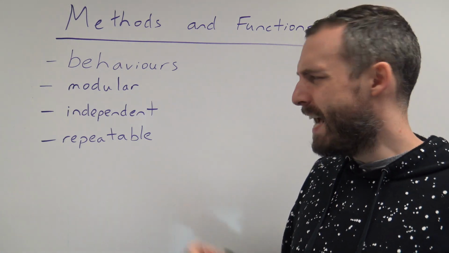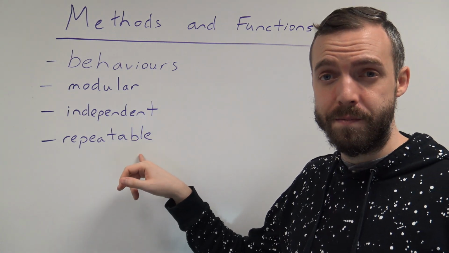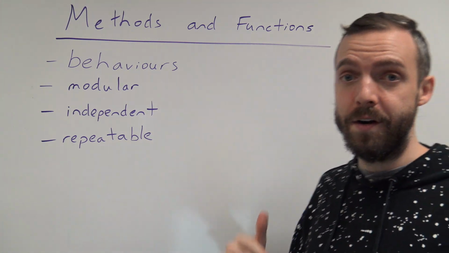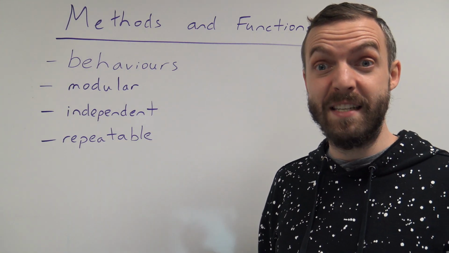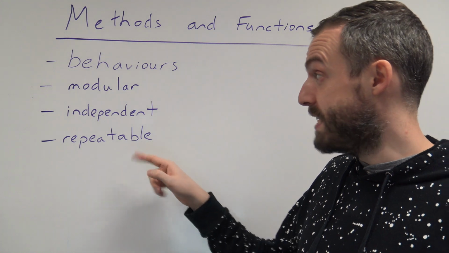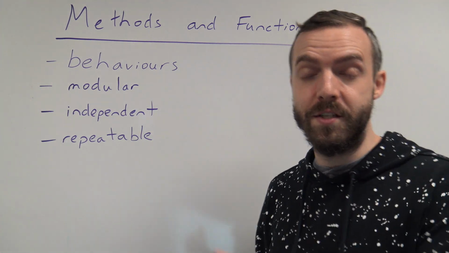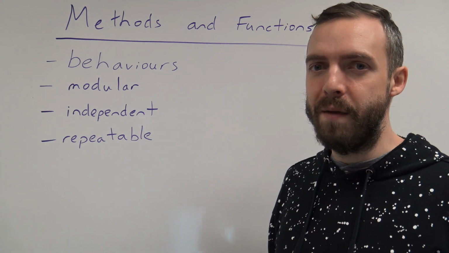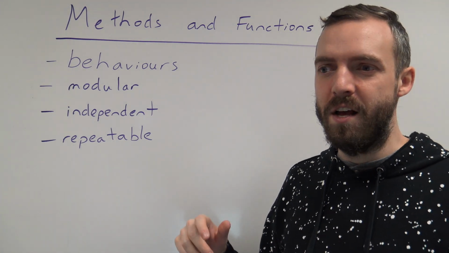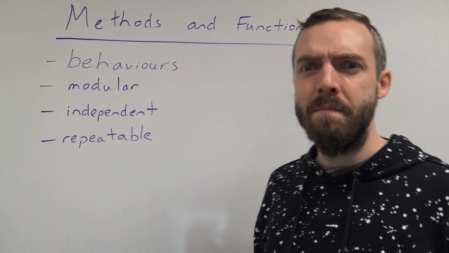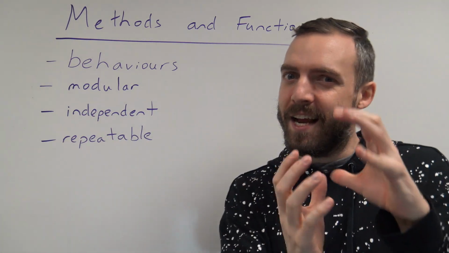Finally, they're kind of designed to usually be repeatable, meaning I create some kind of behavior that I might want to trigger many, many times. And maybe in different ways. Maybe one time a method or a behavior performs an action once, another time it performs it 5 times. Maybe one time it performs an action on the protagonist of the game. Maybe another time it performs an action on the antagonist of the game.